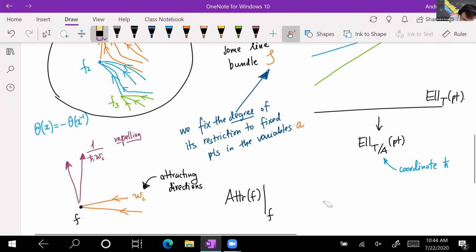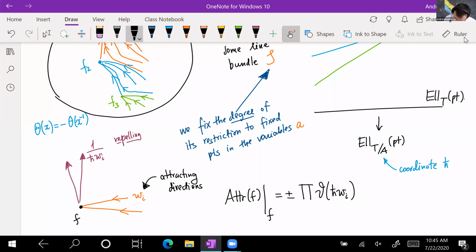So maybe I'll write a section. It's a section of which line bundle? It's a section of the same line bundle as a product of theta function of h bar Wi. Let me just write it as an exact equality: this is plus or minus the product of theta h bar Wi.